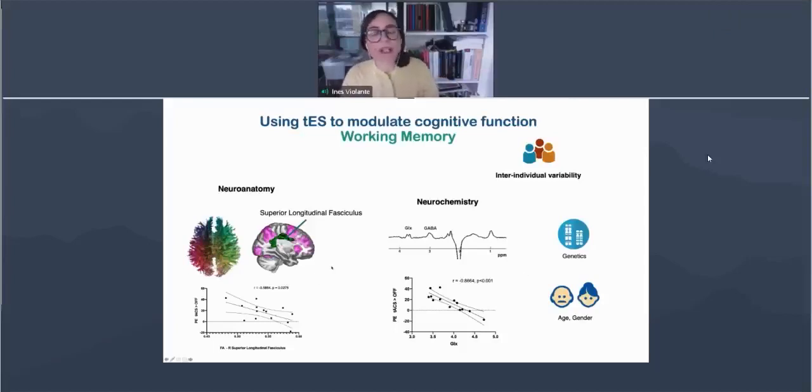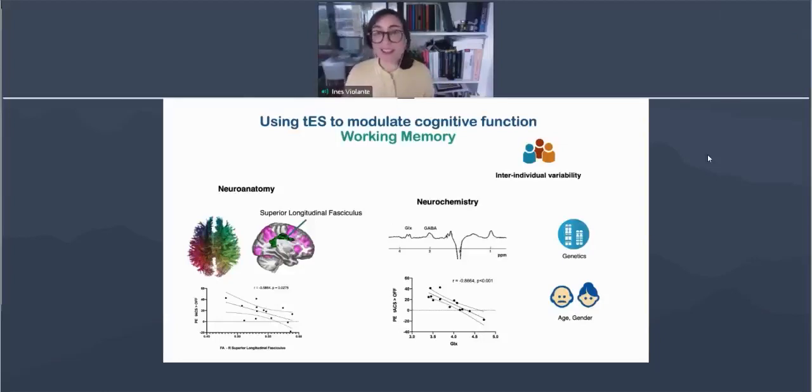And some of those are participants' anatomy, white matter connections between distant areas of the brain. We and others have looked at spectroscopy, and we are seeing that the concentration of particular neurotransmitters relates to how participants respond to stimulation. And others have also shown that there are genetic factors, environmental factors, and age factors that also play a role.